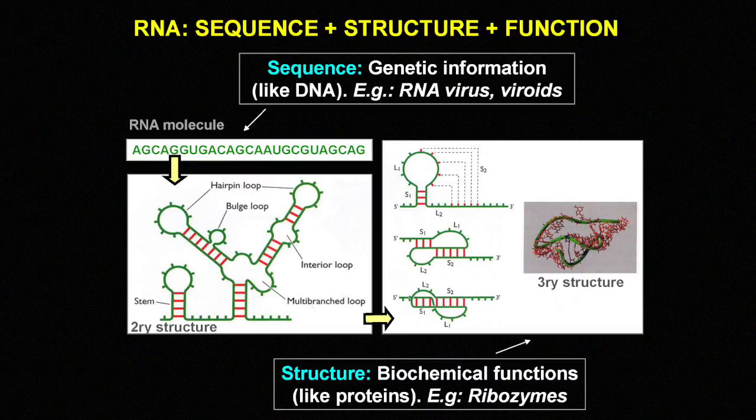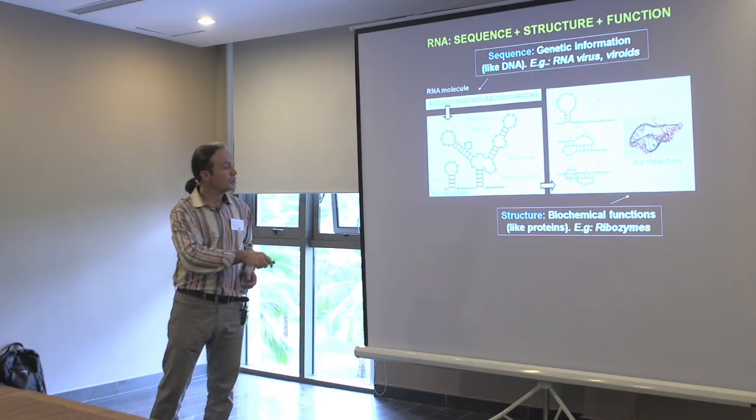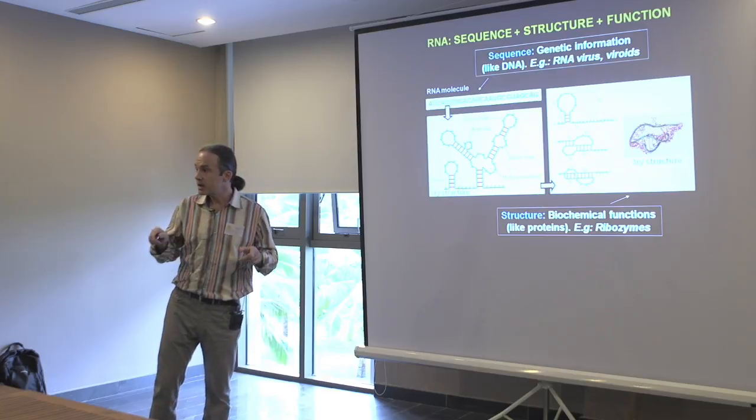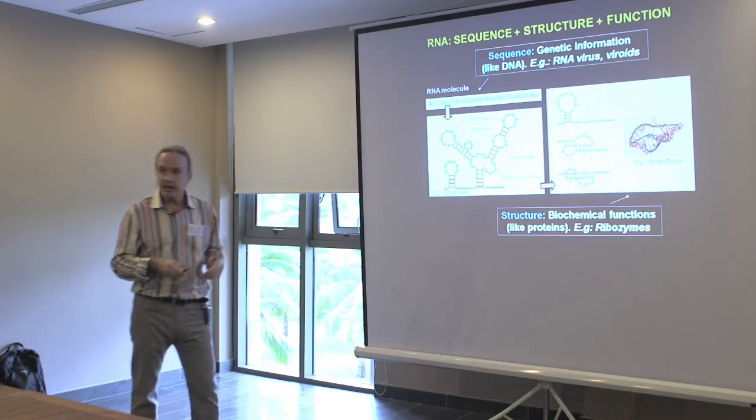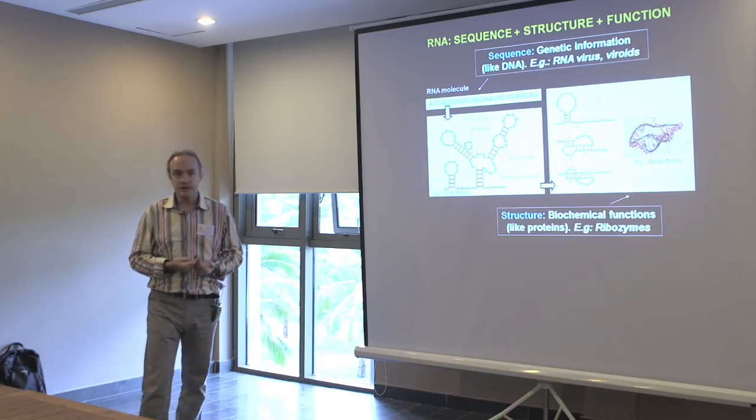It is that the molecules of RNA combine a sequence, so they can carry genetic information, as we will see in RNA viruses and viroids, but they have a structure that can perform biochemical functions. So they can work like DNA and they can work like proteins. That's why RNA is so important. That's why the RNA world is a prominent model in origin of life research.